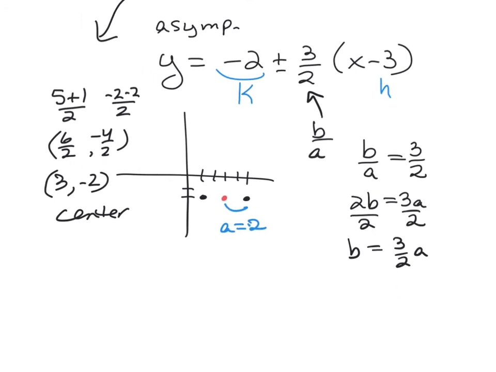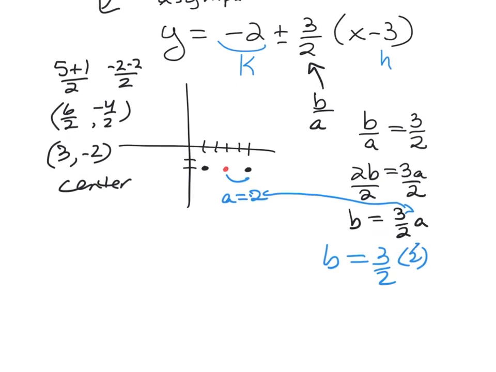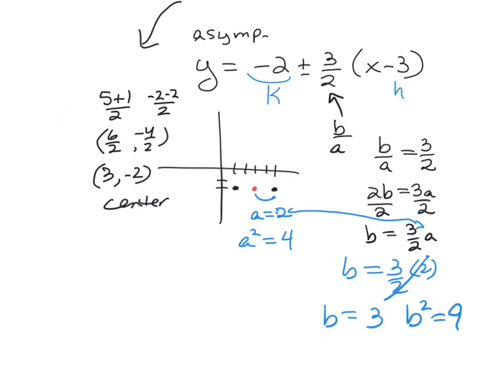I'm going to take that A equals 2 and plug it in here. So 3 over 2 times 2 gives me B equals 3. So B squared equals 9. I can just take my A equals 2, square it, and A squared equals 4. So now I have enough to fill in my equation because my center is my HK.